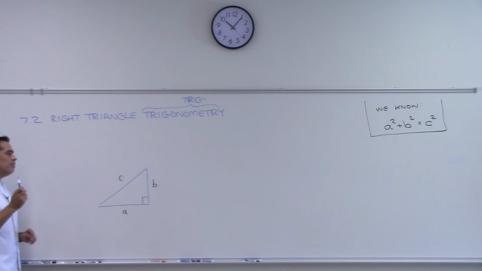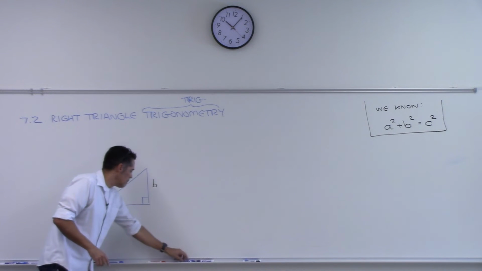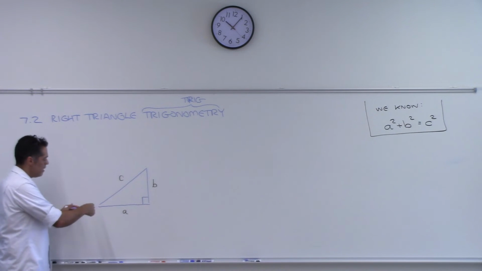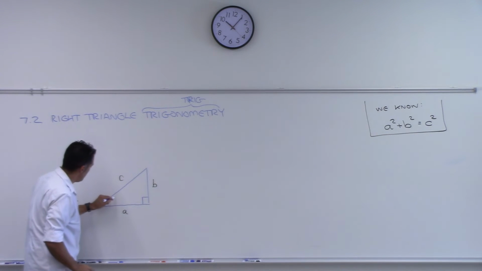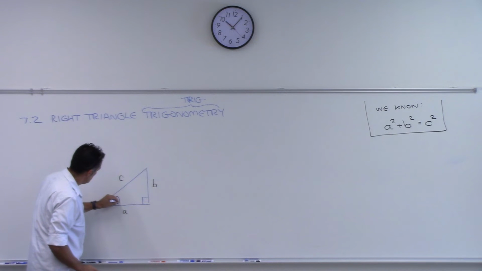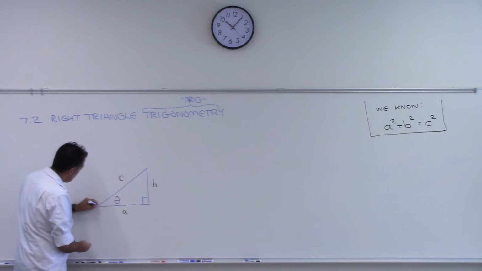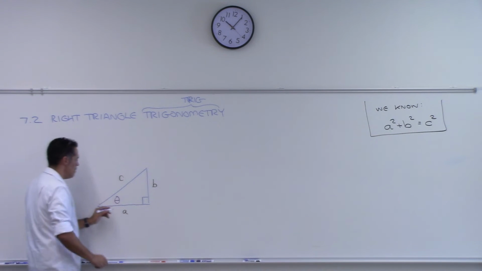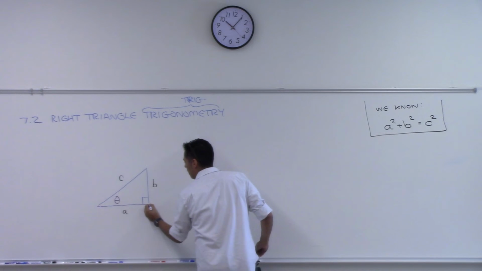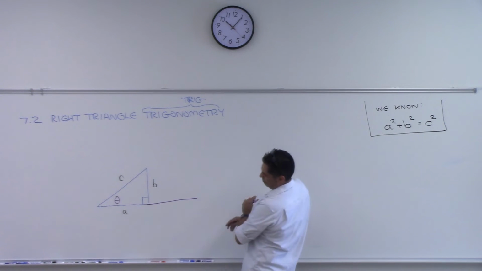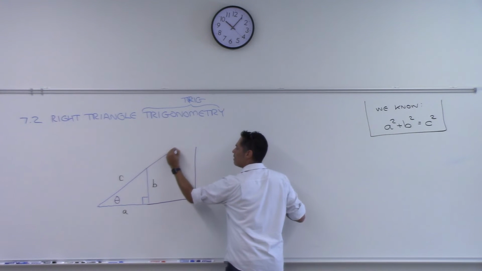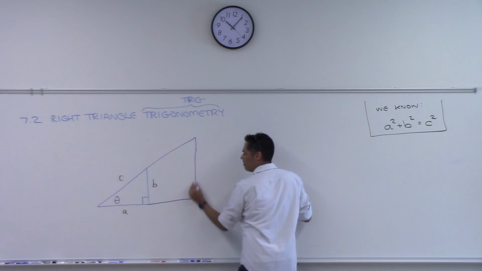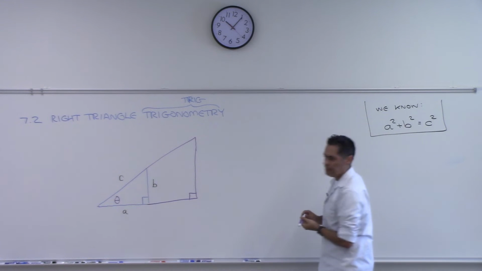But what you may not know is this: if I draw another triangle that has this same angle, right? This is an angle right here. Let's call it theta. If I draw another triangle that has this same angle but maybe goes a little bit further this way and goes up, let's see, extend this over like this and straight down. So this is another right triangle. See that one?